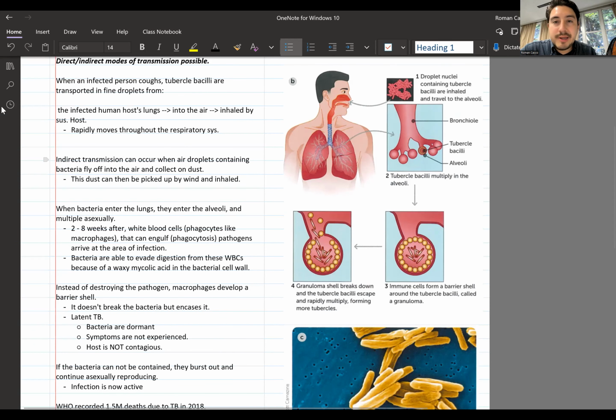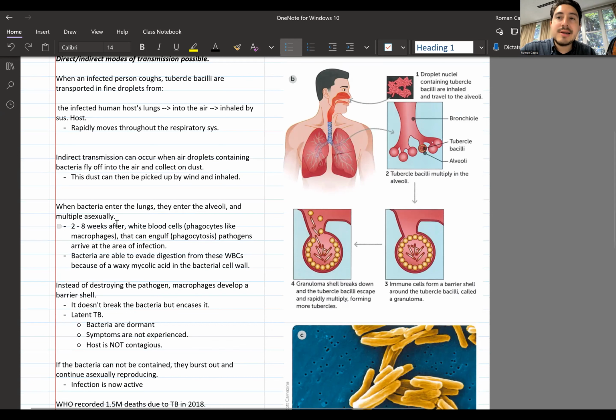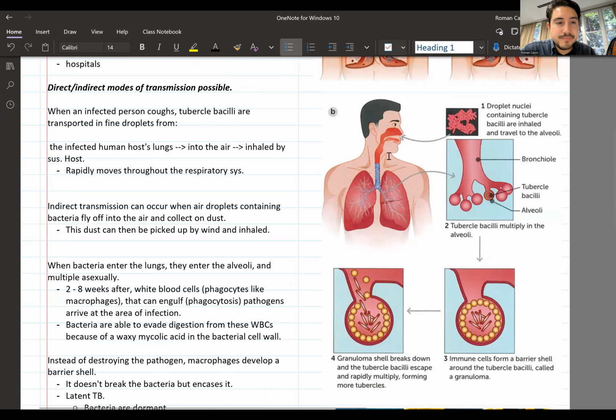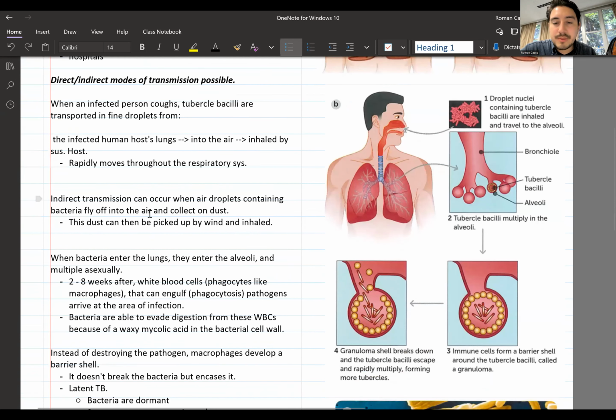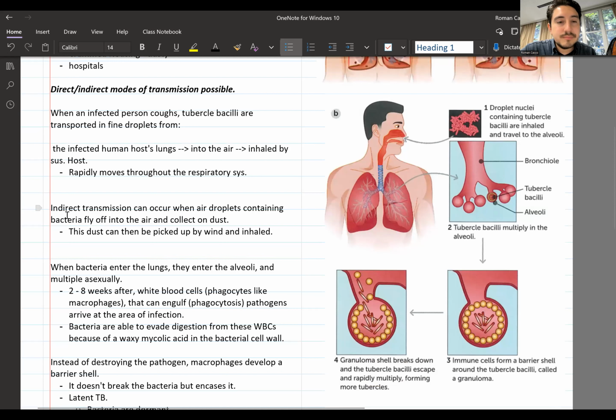So going more specifically now to where it's lodging in, basically this figure here, I'm going to zoom in a little bit more. They go inside the different ramifications of the lungs. You have your trachea, your bronchioles, and then the alveoli.